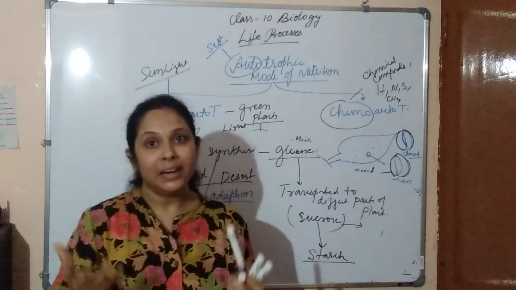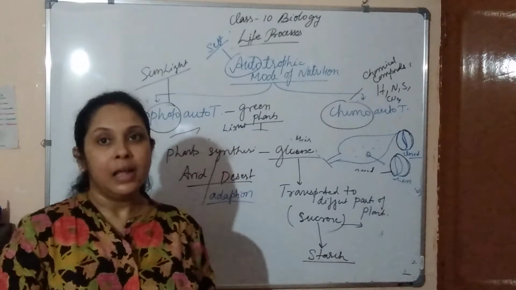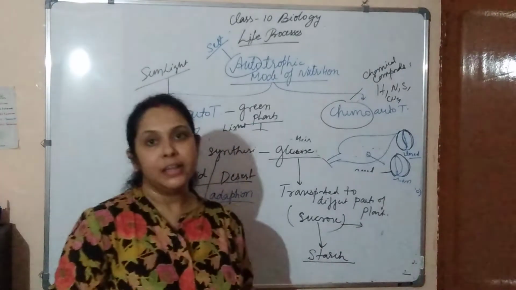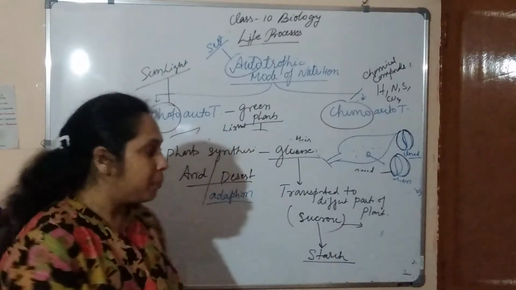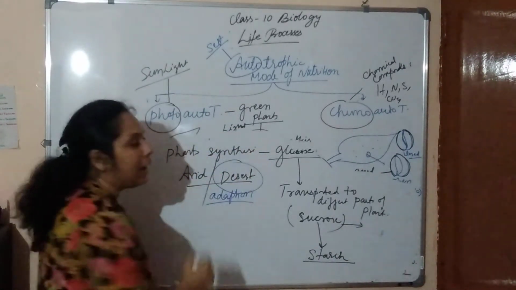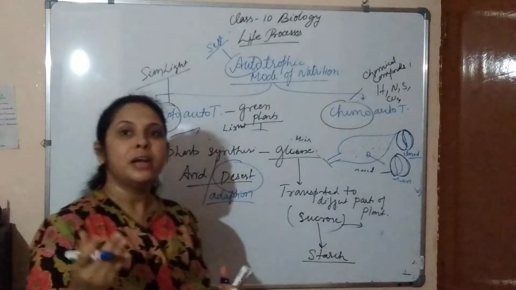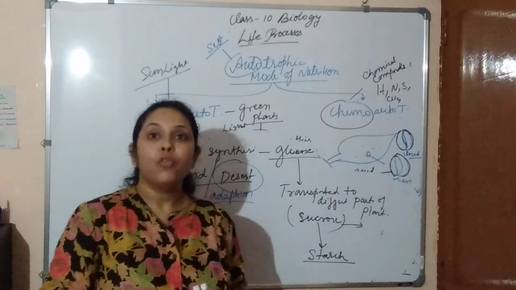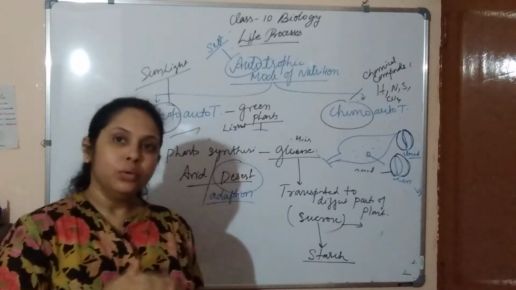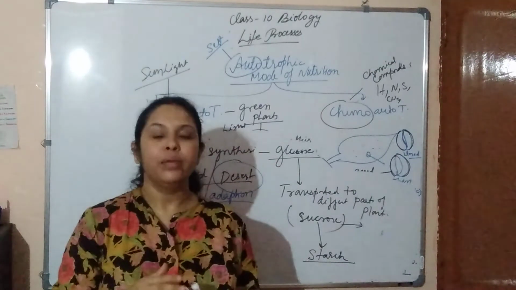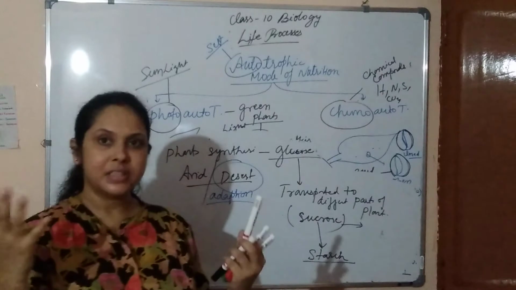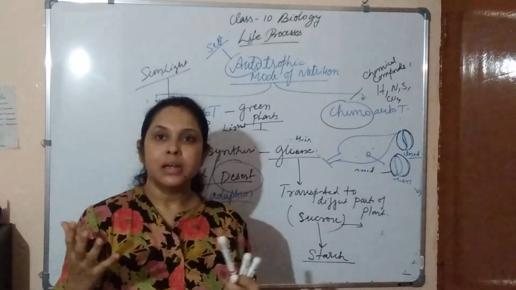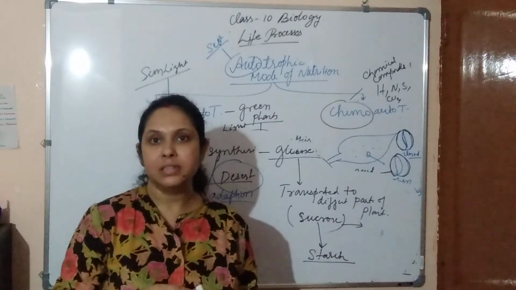So from where do they get the carbon dioxide, and if they do not get carbon dioxide, then how do they do the process of photosynthesis? So basically these desert plants show a different type of adaptation. So what do they do at night, when it is not a very sunny, very arid day?